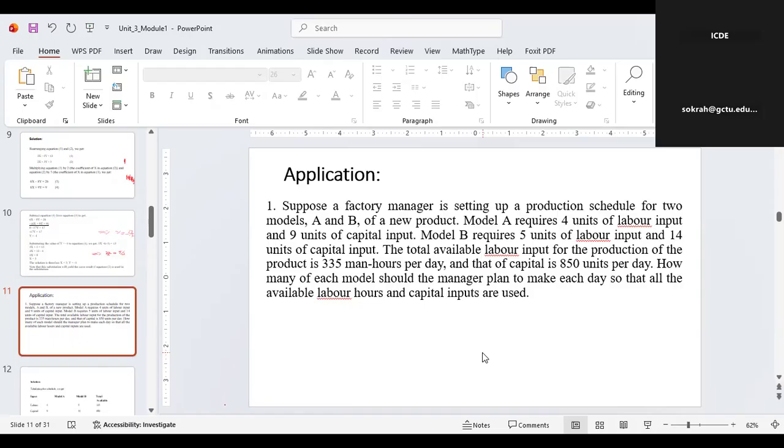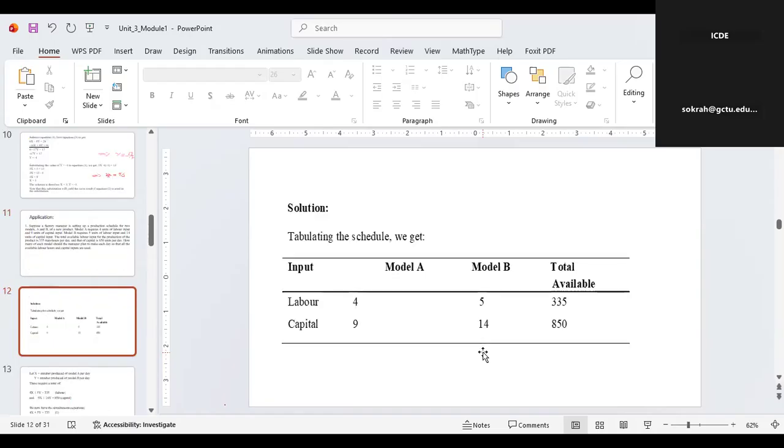simultaneous equations. Now, you just translate this into a table, and that will make it easier to solve. So this is a nice table for you. You have the input, that is labor and capital. Now Model A, Model B. Then the question told you that you have 4 units for labor for Model A, 9 units for what?